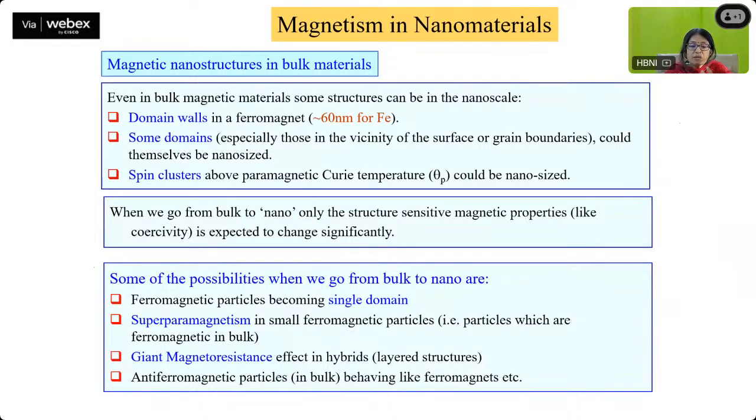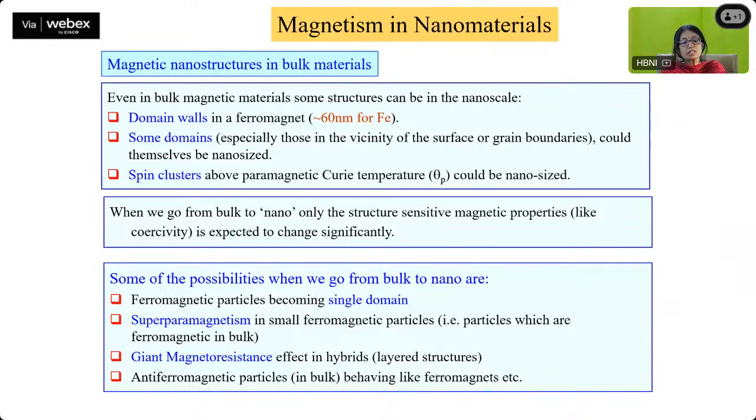Or you can have spin clusters above the paramagnetic Curie temperature, which could also be nanosized. Now when we go from bulk to only nanostructure, the structure-sensitive magnetic properties like coercivity change significantly.